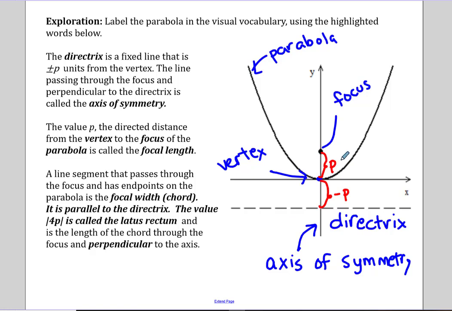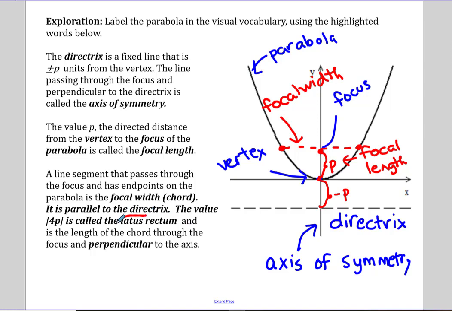And this p is called the focal length. You can tell by looking that the focal length is the distance from the vertex to the focus point. And then if the focal length, this is double, so that's 2p. If you come across here and draw a chord that passes through the focus point with a point on the parabola, on both sides of the parabola, that is called the focal width.